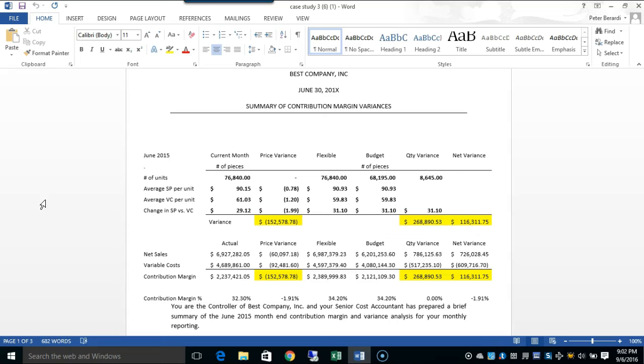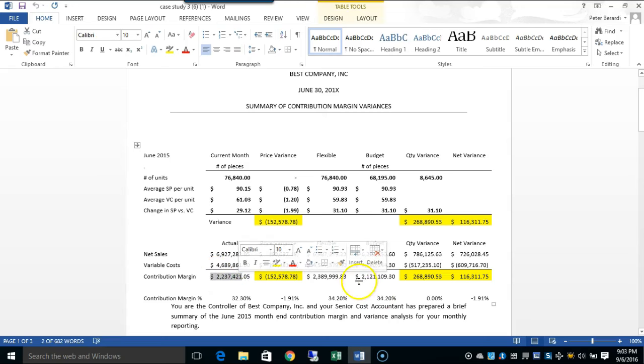Unlike some of the variance analysis we've been doing in class, which is detailed, like direct labor, direct materials, standard costs, and so on, it's been rolled up into a very condensed contribution margin statement with actual sales versus budgeted sales, variable costs, budgeted variable costs, contribution margin, budgeted contribution margin. But behind these numbers are the per unit details.